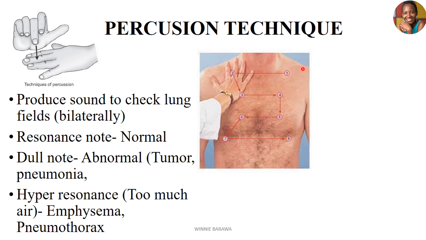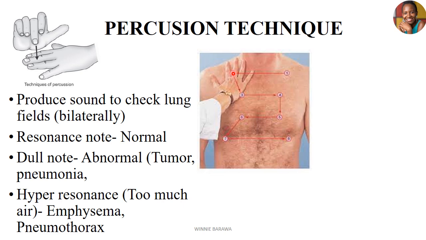When you start at point 1, you will tap your finger there and hear the sound at that particular field. Then you will move to the other side on the mid-clavicular line, listen to that sound and compare. Is the sound the same, or does one side produce resonance and the other dullness?